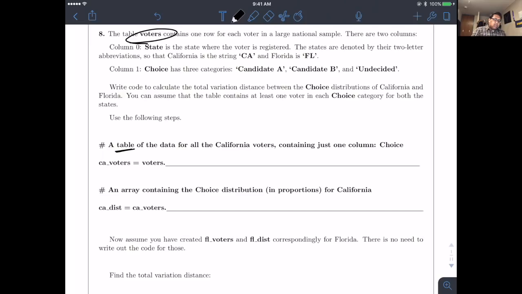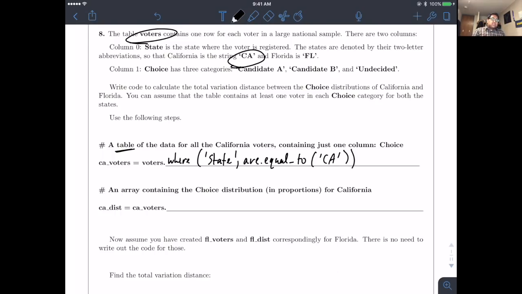Right? So this is a pretty simple where statement. We want just voters where their state is equal to CA, good old California, because we're just using the 2-letter code, right?